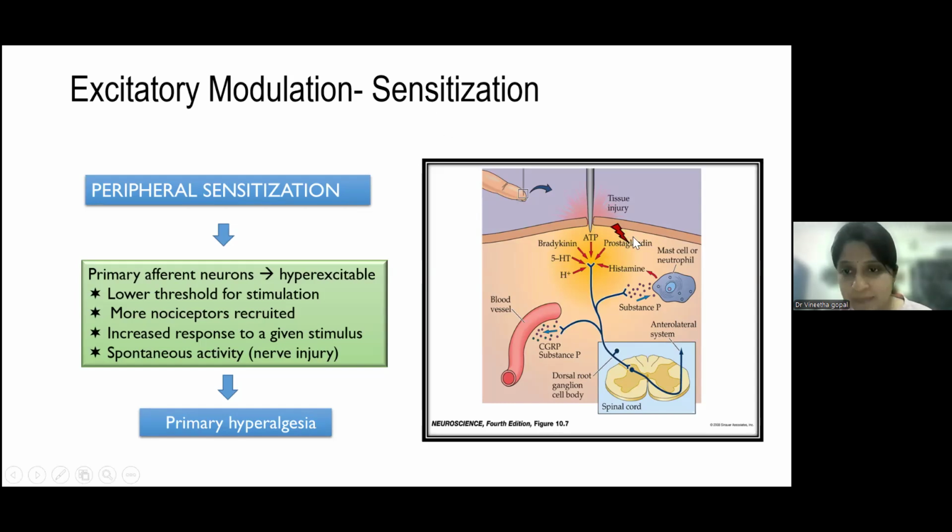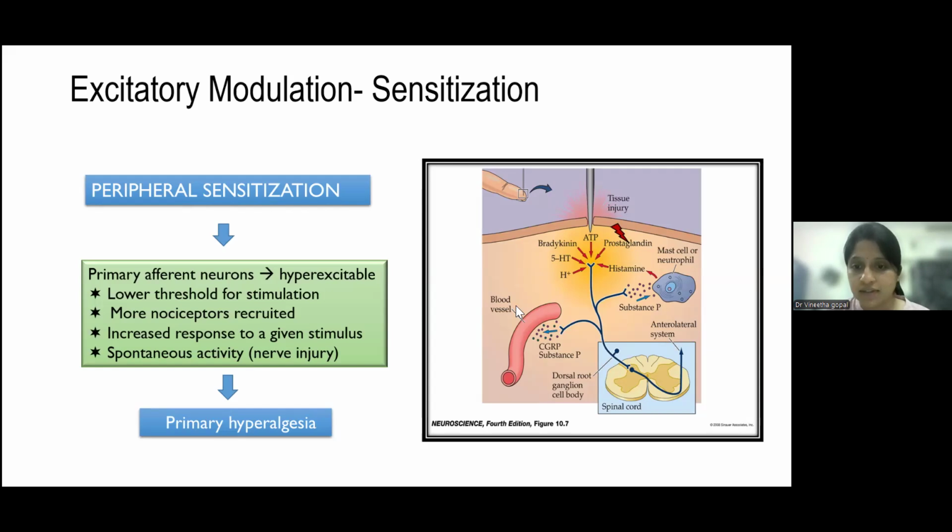NSAIDs decrease peripheral sensitization by inhibiting the production of prostaglandins, through the cyclooxygenase enzyme, COX-1 or COX-2, whatever it is. So that is the role of NSAIDs in cancer pain or any pain. A short course may be useful by decreasing the peripheral sensitization.